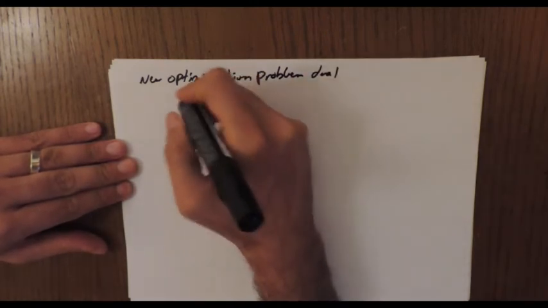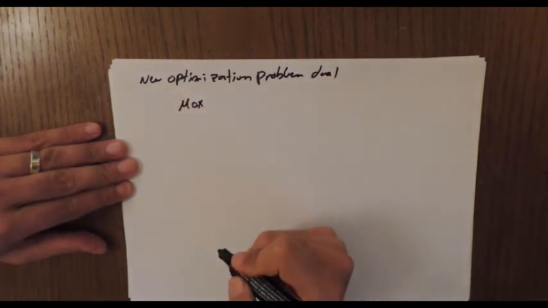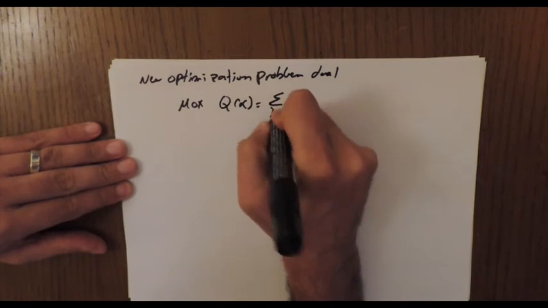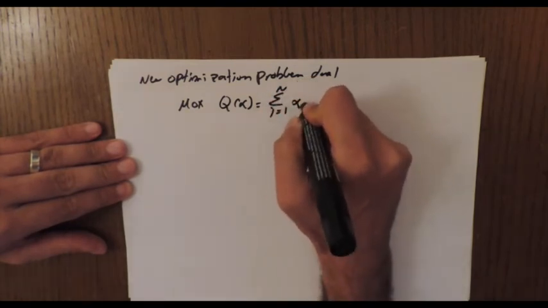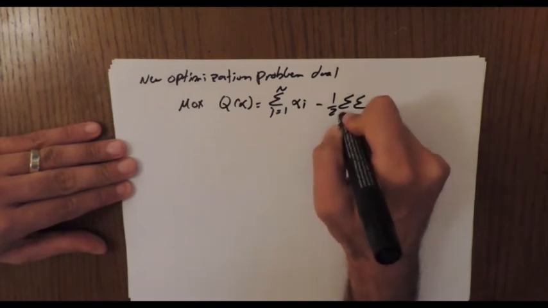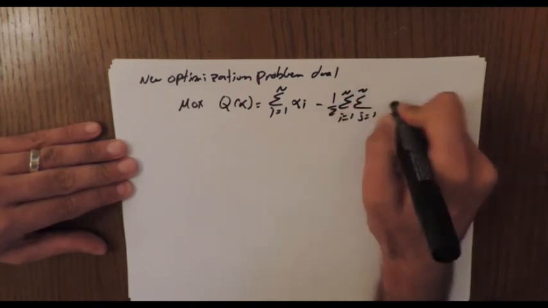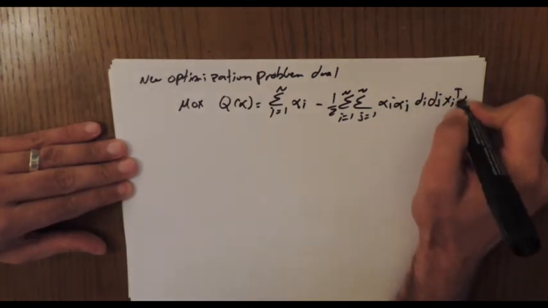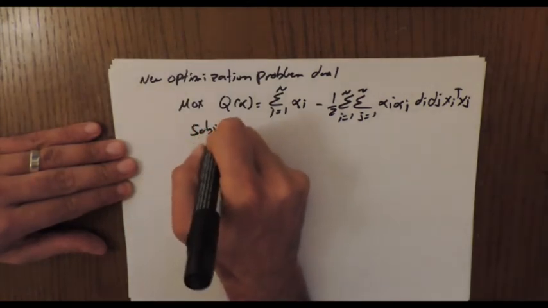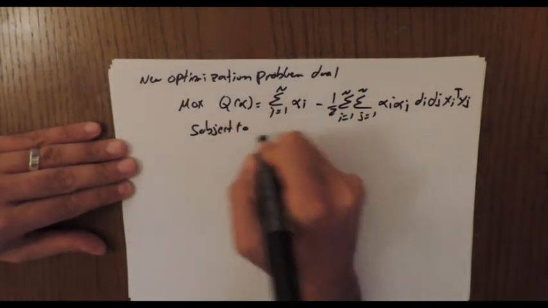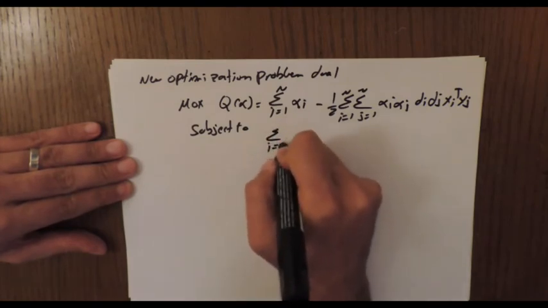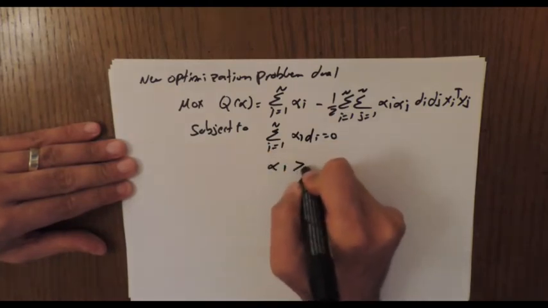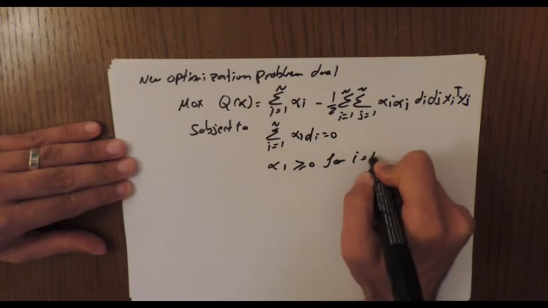We want to maximize, previously we were minimizing, maximize Q(alpha), which equals the summation i equal 1 to n of alpha_i, minus half the summation i equal 1 to n, j equal 1 to n, alpha_i alpha_j d_i d_j x_i transpose x_j, subject to the equality constraints: the summation i equal 1 to n of alpha_i d_i equals 0, and alpha_i should be greater than 0 for i equal 1 all the way to n.